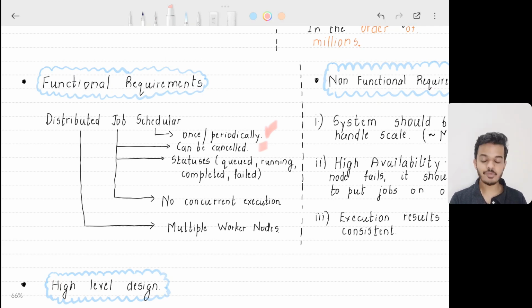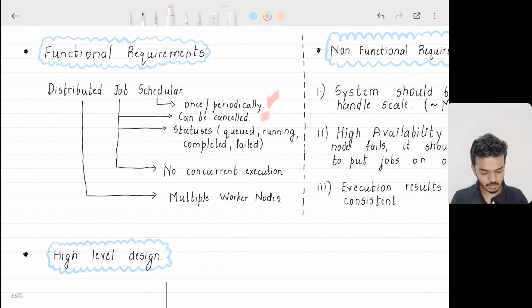Next, for whatever job is submitted by the client, he should be able to see the status of those jobs. The status could be that the job is queued, running, completed, or failed. Then there should be no concurrent execution.